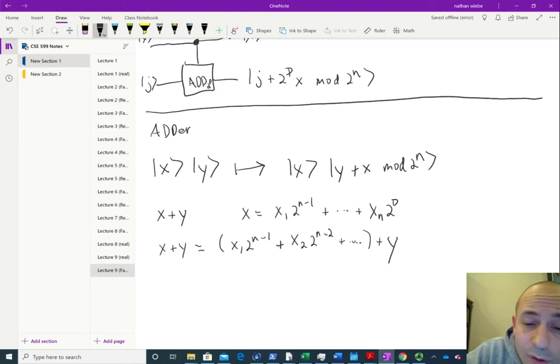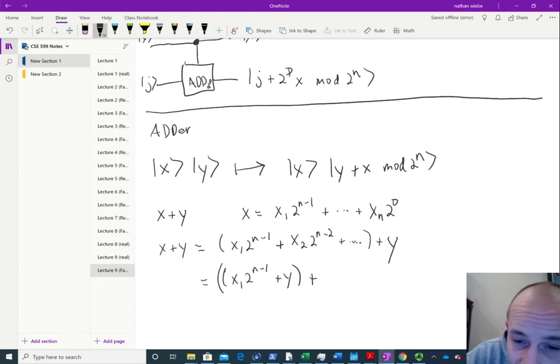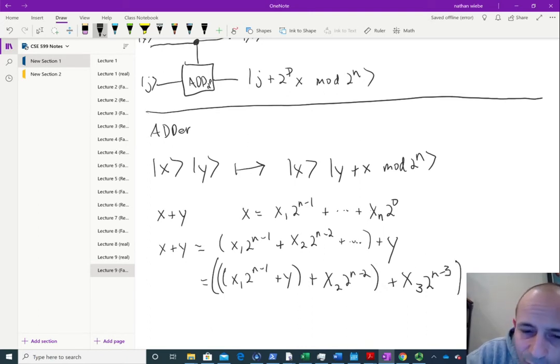Okay, so I can end up writing this as x1 2 to the n minus 1 plus y, plus x2 2 to the n minus 2, plus x3 2 to the n minus 3, so on and so forth.